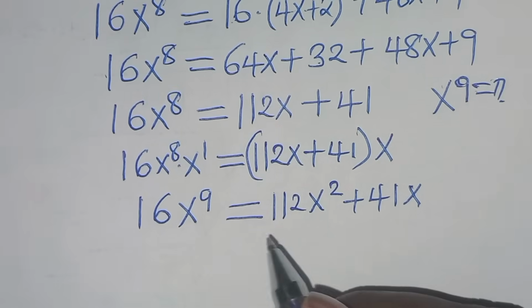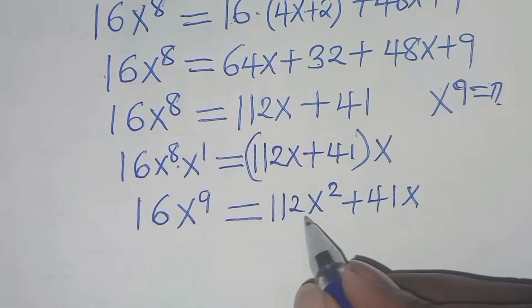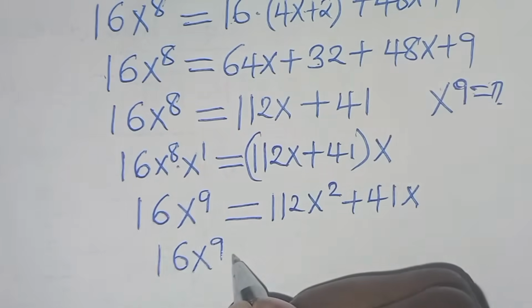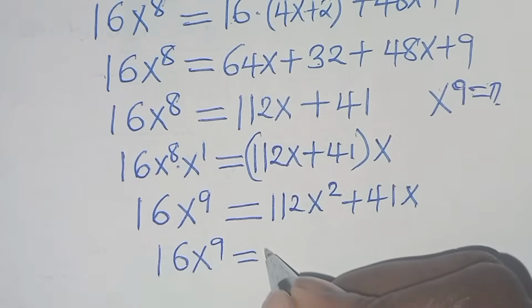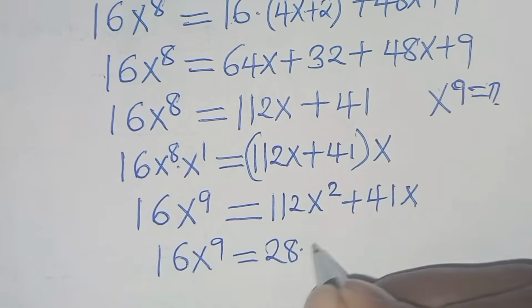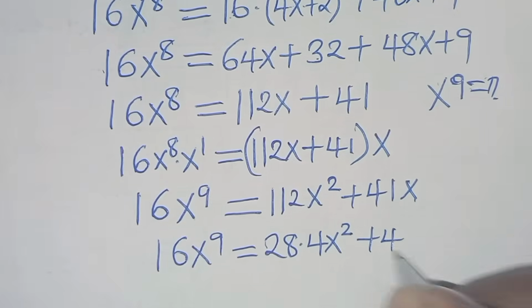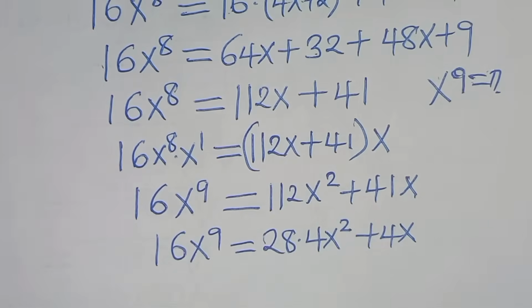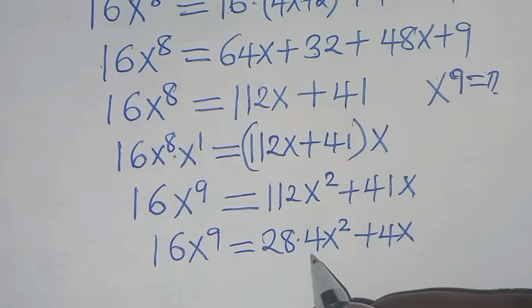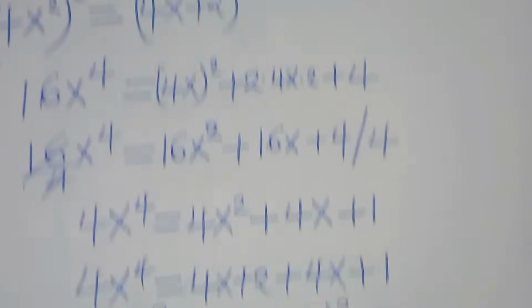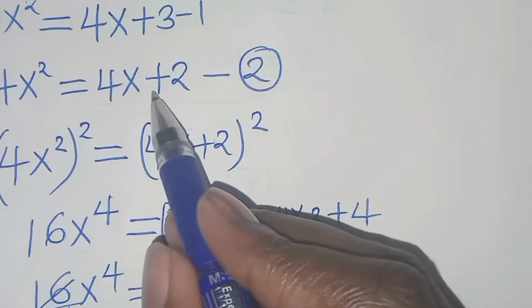The next step from here, we can express 112x squared as, this is the same thing as 28 times 4x to the power of 2 plus 4x. Since we have that 4x squared is the same thing as equation 2, which is 4x plus 2.